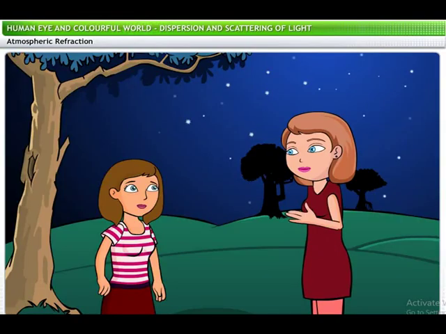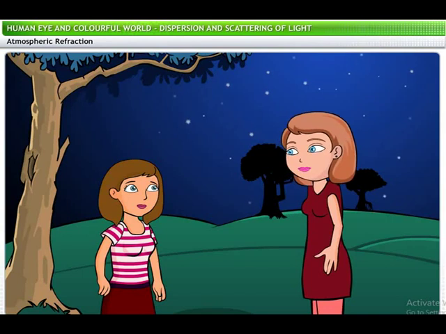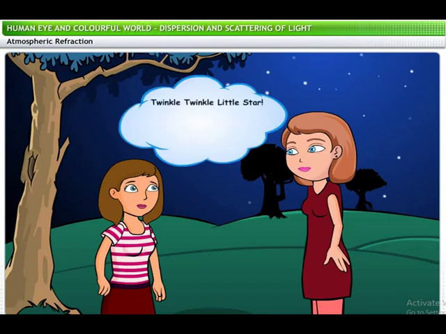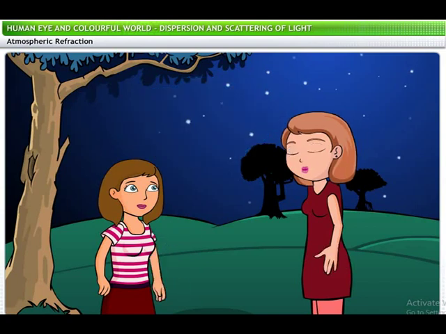The refraction of light leads to a number of other phenomena that you see daily. Remember the rhyme about the twinkling stars from your childhood? Sure, I do. Well, why do you think stars twinkle? I'm not sure. I never really thought about it.